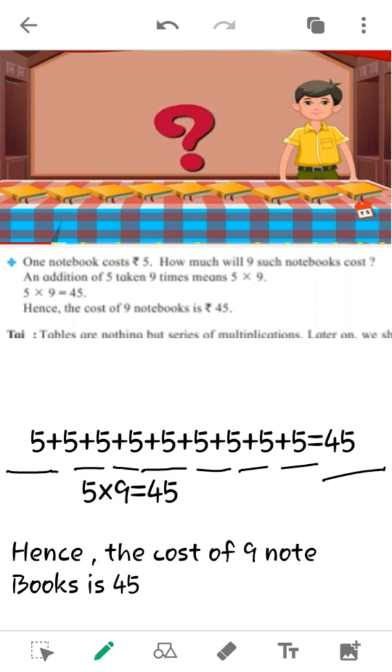An addition of 5 taken 9 times means 5 multiplied by 9. So if you write it as 5 multiplied by 9 and if you read the 5 table 9 times, you will get the answer 45. Hence the cost of 9 notebook is 45. Okay.